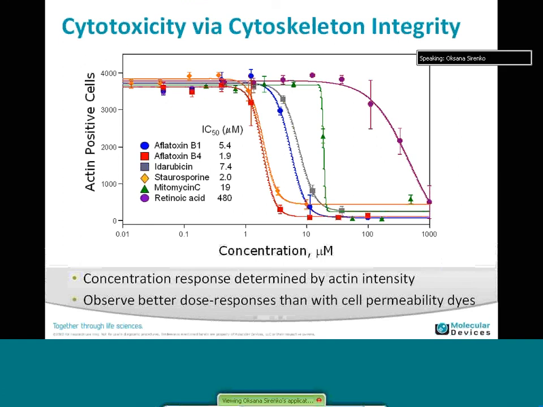So the number of actin-positive cells as well as actin average or integrated intensity could be used as output parameters to make an IC50 dose-dependent curve. Actually, this parameter allows very good IC50 curves and works much better in dose responses than, for example, cell permeability dyes.